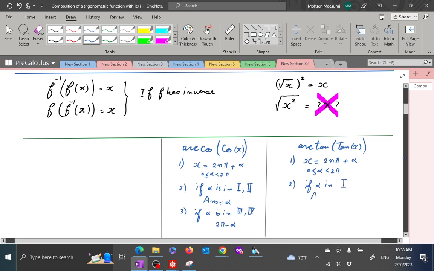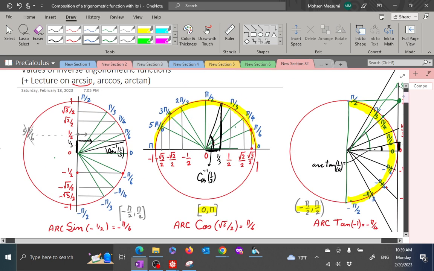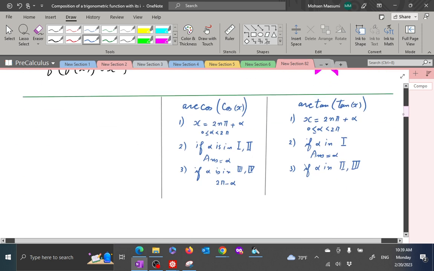The answer is just that angle. If alpha is in quadrant 2 or 3, which we are not allowing in the answer, we have to convert. What is the recipe for conversion? We simply subtract. The answer is going to be alpha minus pi.